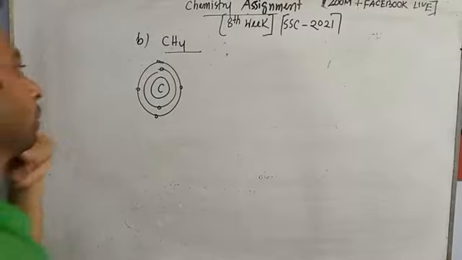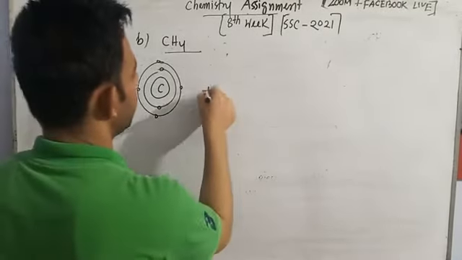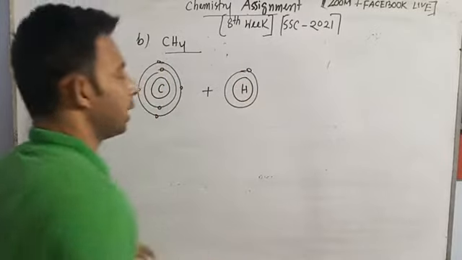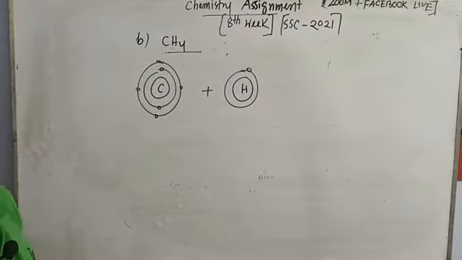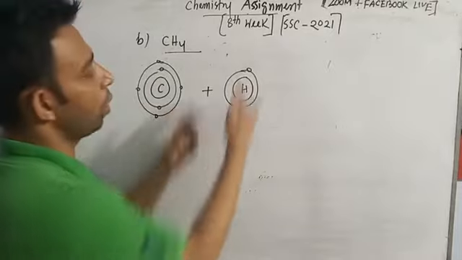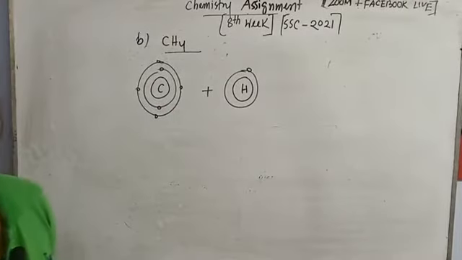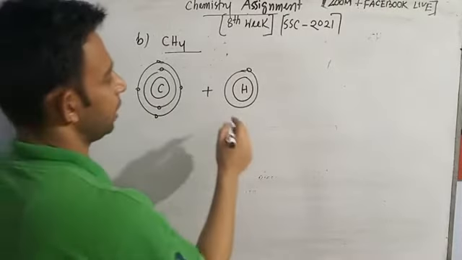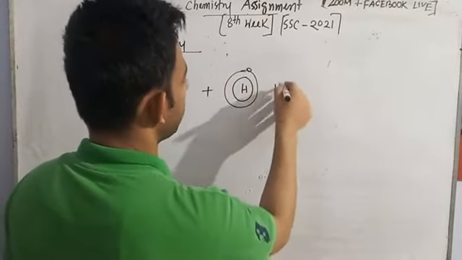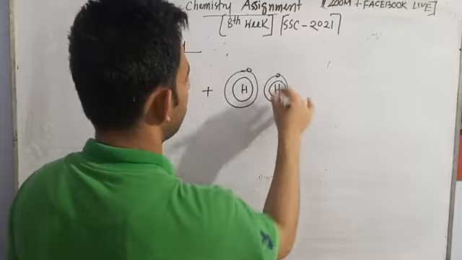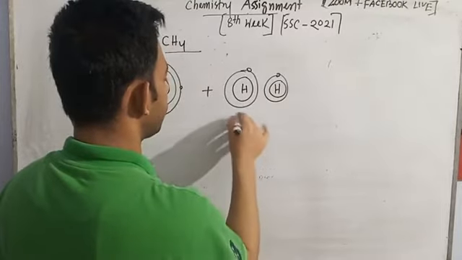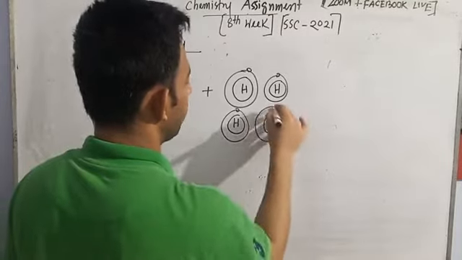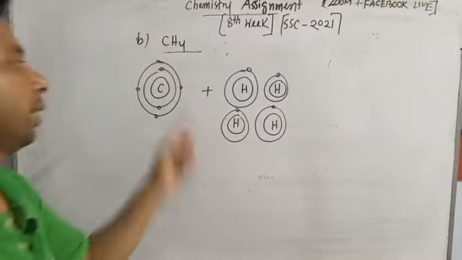Carbon plus hydrogen: hydrogen has only 1 electron in its outer shell, and carbon has 4, so 1 electron alone is not possible for sharing. So how many electrons will be connected? Listen, hydrogen, once again: 4 hydrogens come close together to share electrons. At that time it is possible.